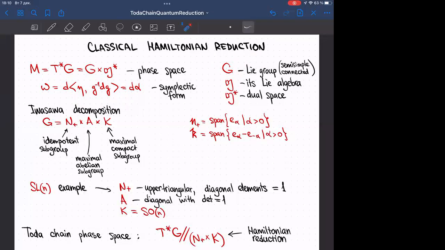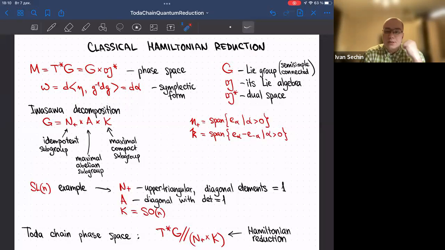Okay. For a connected Lie group, we have the Iwasawa decomposition.